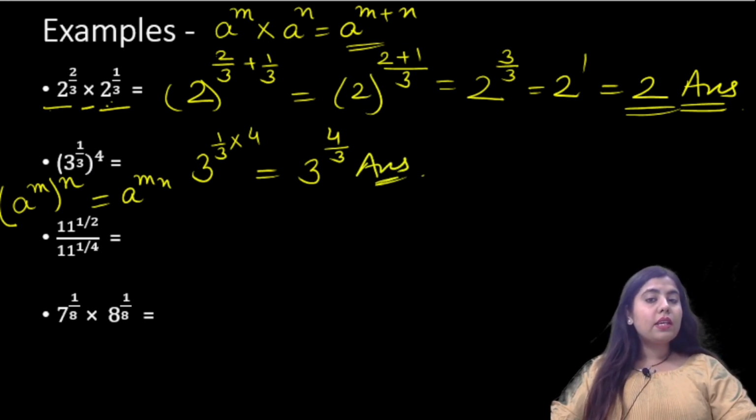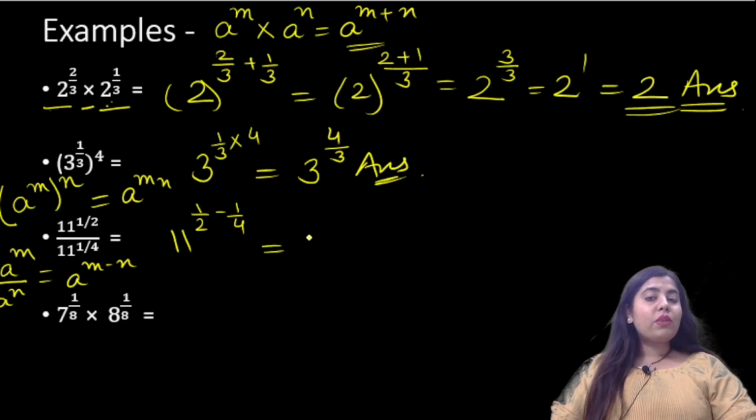Clear? Now next is 11 raised to the power 1 by 2 divided by 11 raised to the power 1 by 4. Means a raised to the power m by a raised to the power n, the bases are same, powers are different, and they are in division. Second formula, it is equal to a raised to the power m minus n. So here a is 11 and powers will get subtracted. So 1 by 2 minus 1 by 4.